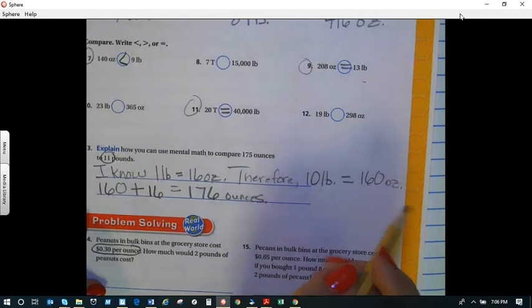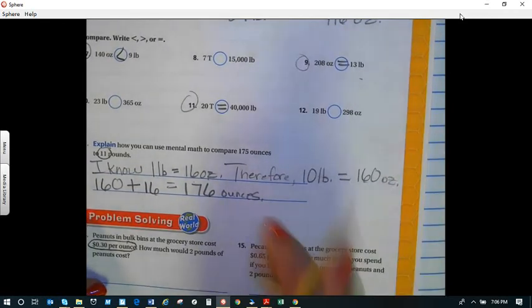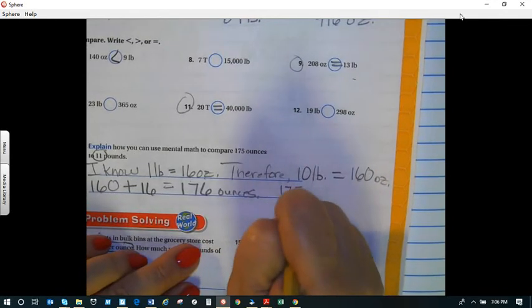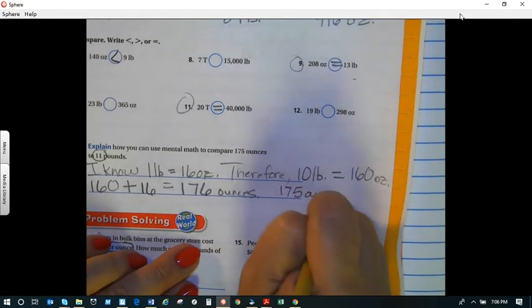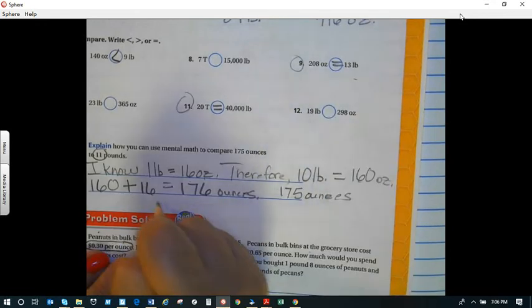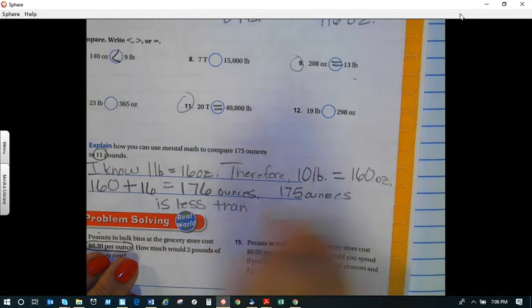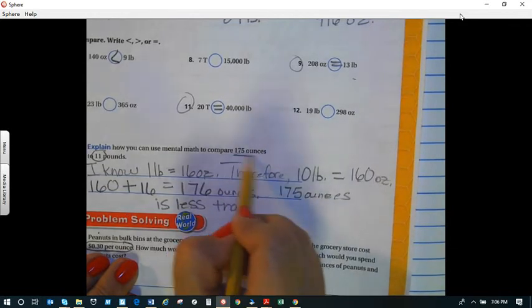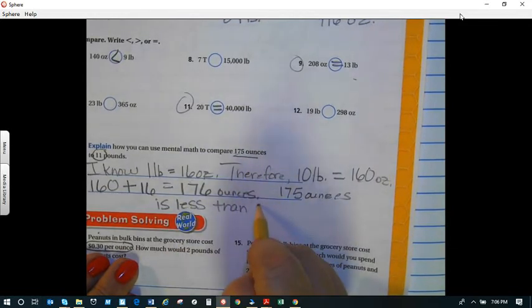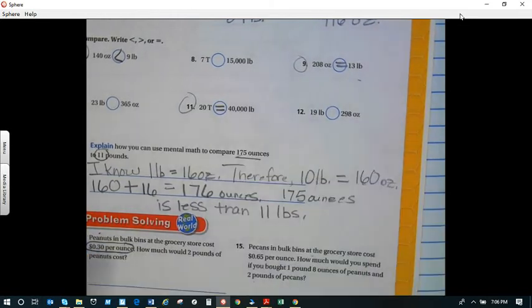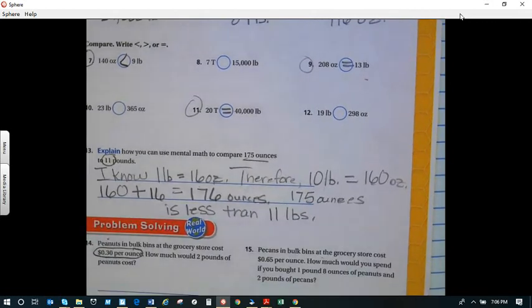So 175 is less than, so 175 ounces is less than 11 pounds. So you don't have to do any math. You could figure that out. So does that make it easier? Okay, great.